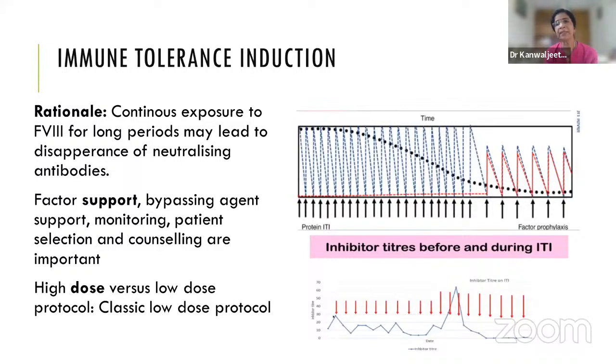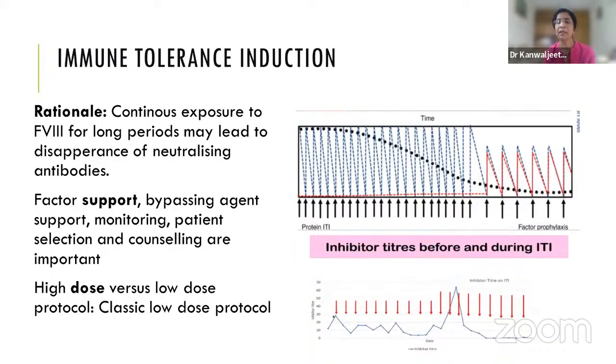Also, the half-life changes. Earlier, whatever you were giving was destroyed by the antibodies. But now the titer of antibodies has decreased and the half-life has increased. So your factor VIII activity is back, and now you can use prophylaxis efficiently in your patient.